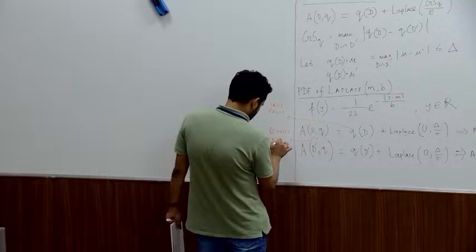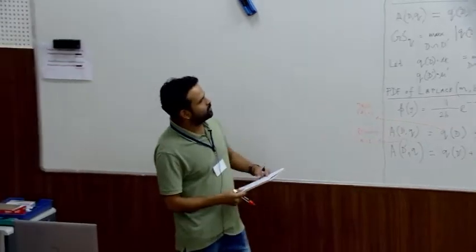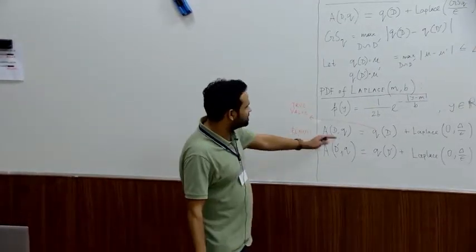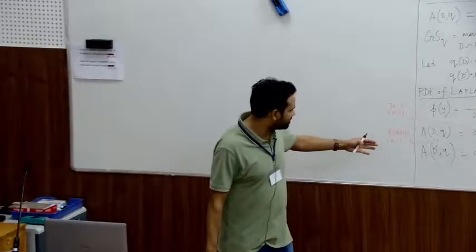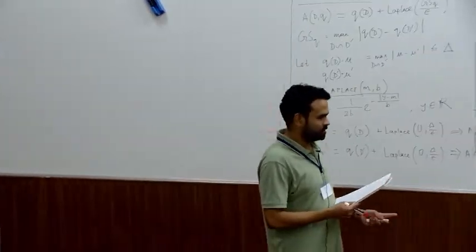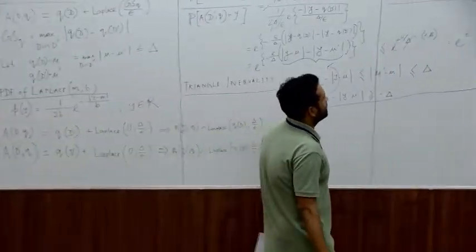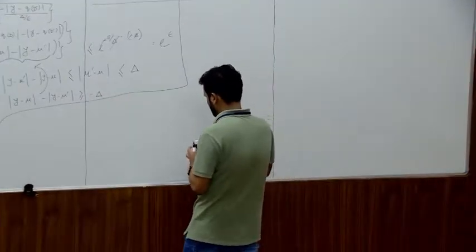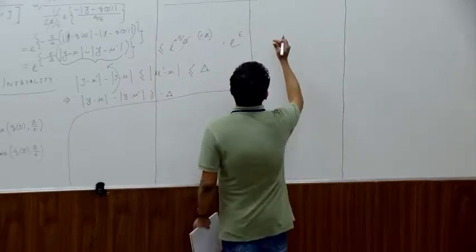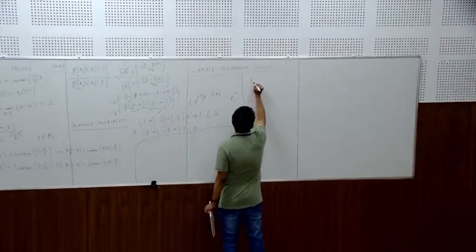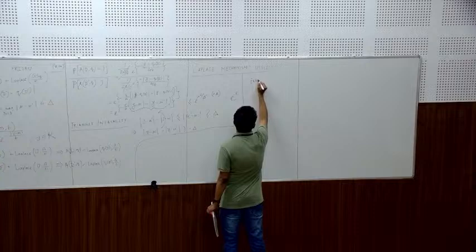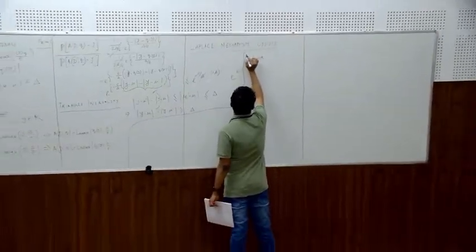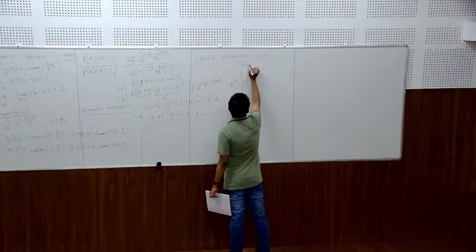So the measure of utility of this mechanism can be defined by the differences in these two values. What is the reported value and what is the true value, right? So we define the error of the Laplace mechanism, or you define the squared error of the Laplace mechanism.